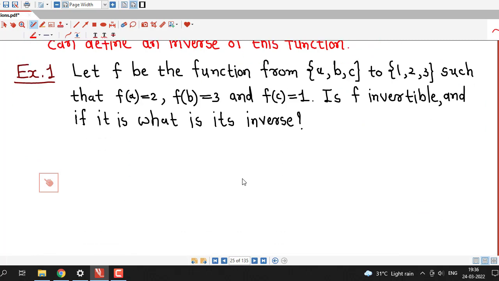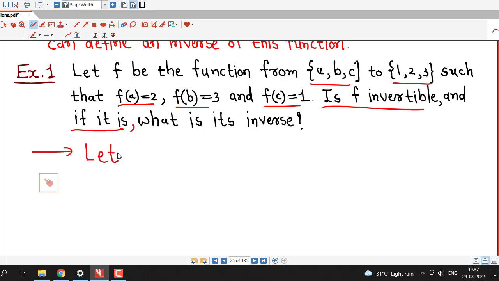Now we consider this example. We are given the function from set {a, b, c} to {1, 2, 3} such that f of a equal to 2, f of b equal to 3, f of c equal to 1. And the question is, is f invertible, and if it is, what is its inverse? So first we use notations for the given sets.